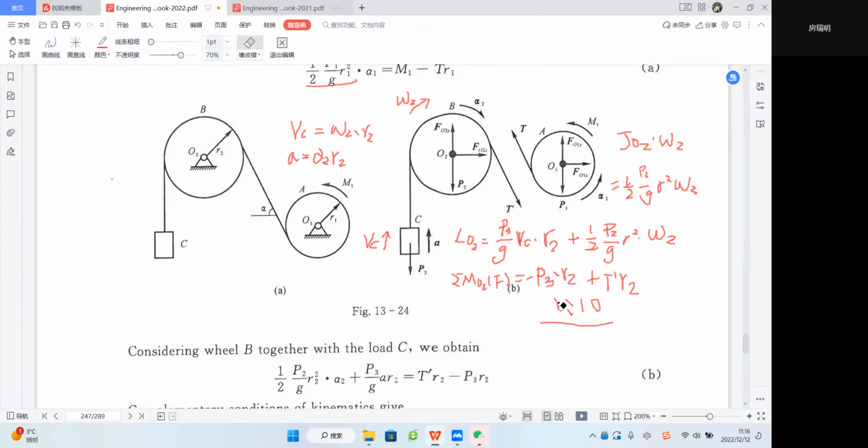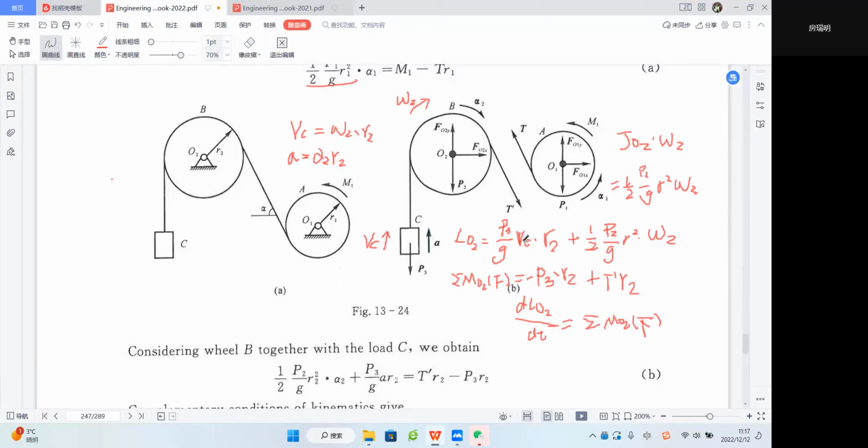Because we have learned the principle of angular momentum, do you remember? We have dLO2 dt. That's what we call the principle of angular momentum, which should equal sigma MO2F. When we take the derivative dLO2 dt, you can find that this part, P3 over G, will never change.